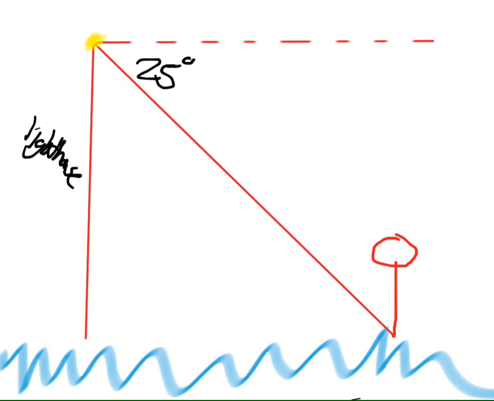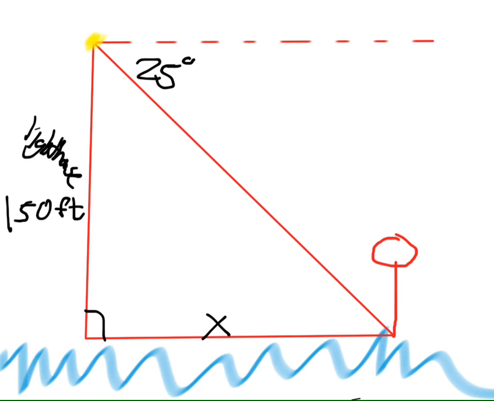It says the top of the lighthouse is 150 feet above sea level. So the lighthouse is 150 feet. The question is, find the distance from the buoy to the foot of the lighthouse. So that's going to be from this buoy to the foot of the lighthouse, which I'll call X. I'm looking for X in this figure, from where that buoy sits to the foot of the lighthouse.